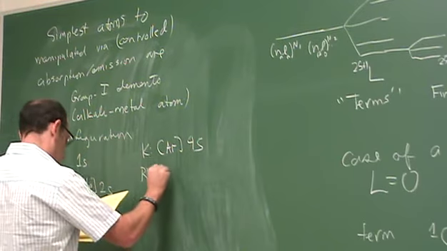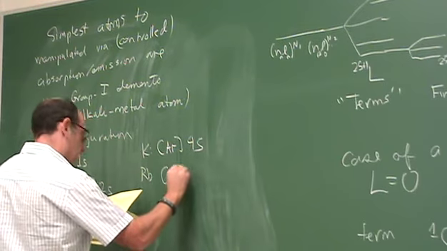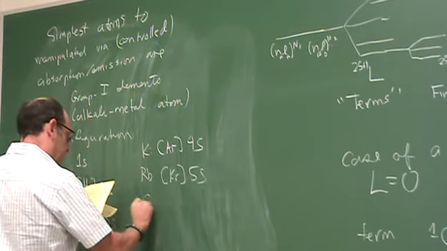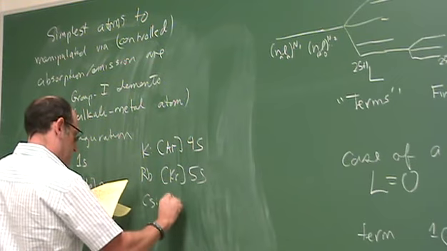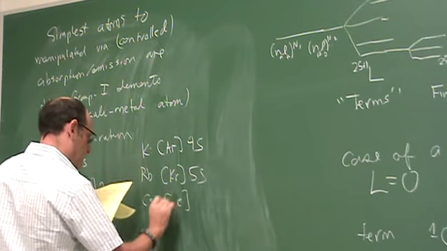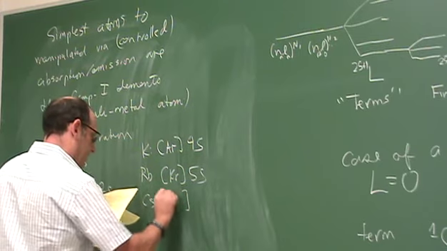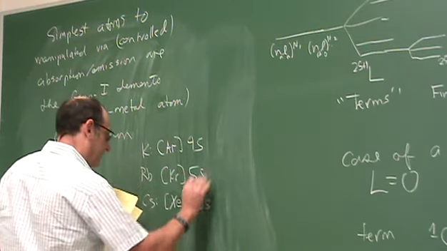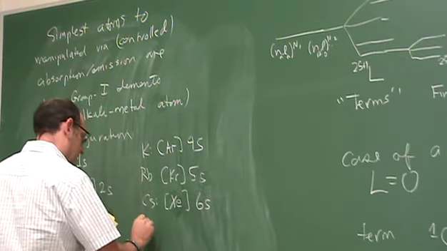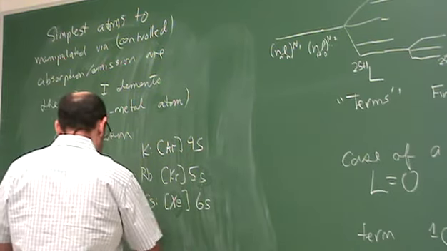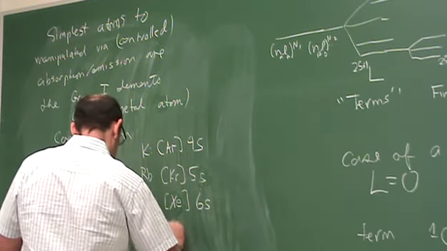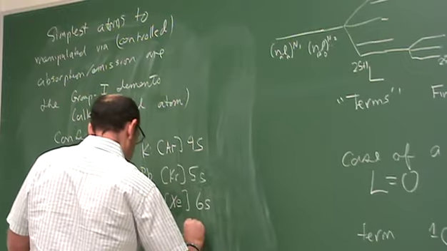Rubidium, cesium, xenon core and a 6s valence, and francium, which is the radon core and the 7s.